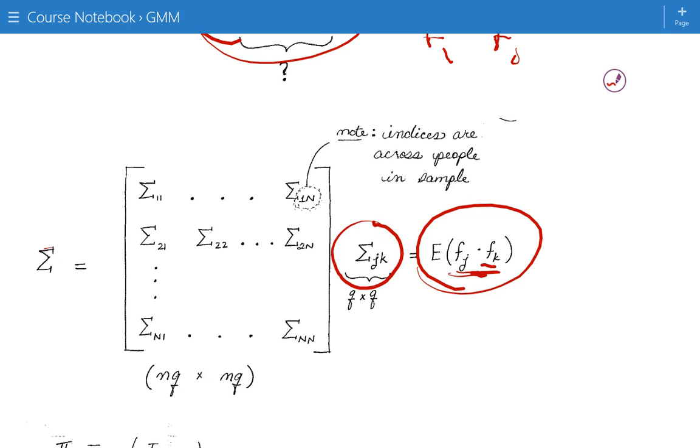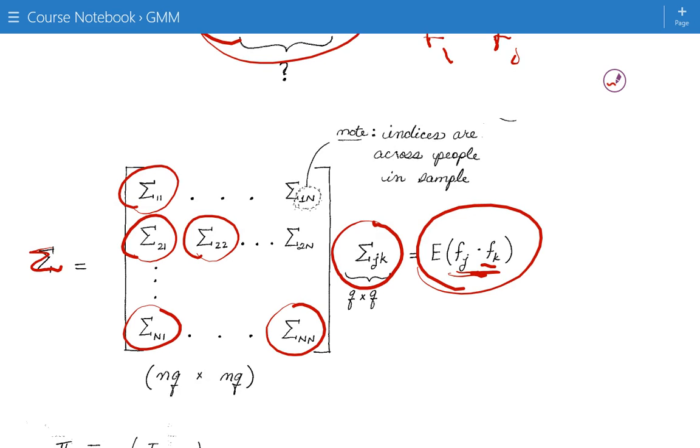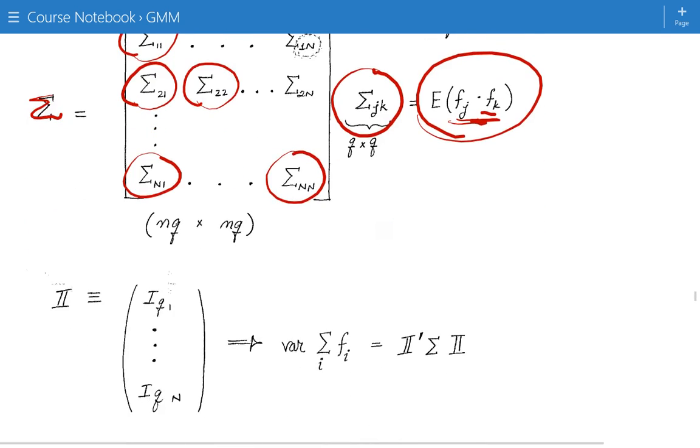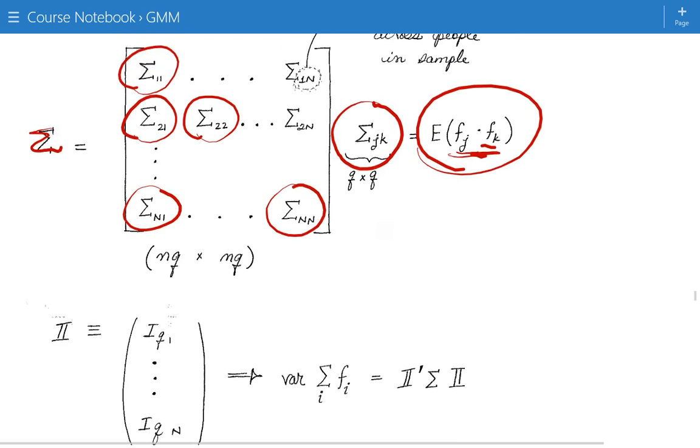Essentially, the overall matrix across the observations is the variance covariance matrix within observation on the diagonals, and then the variance covariance matrices across observations on the off diagonals. So if there are n observations, it's an nq by nq matrix.